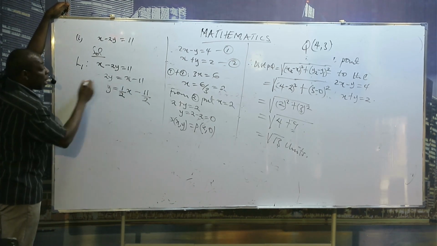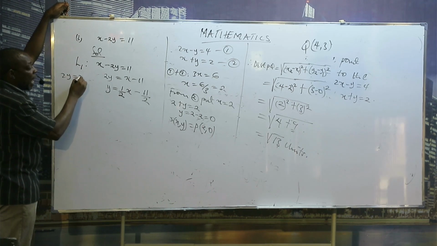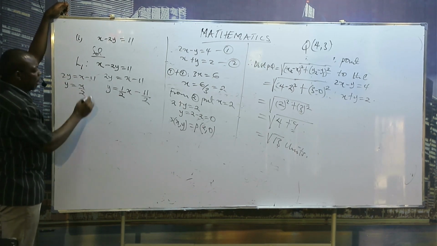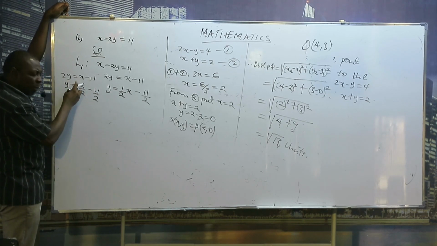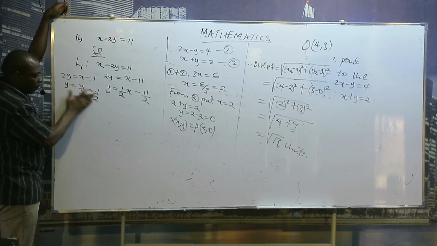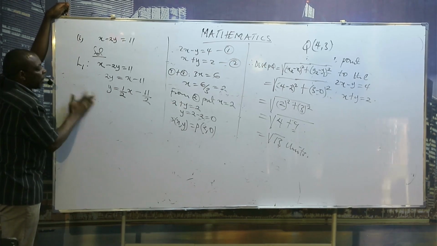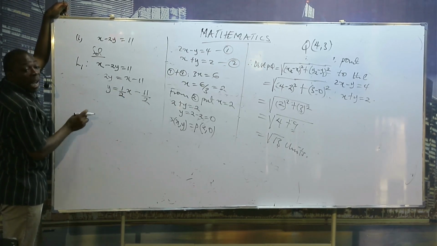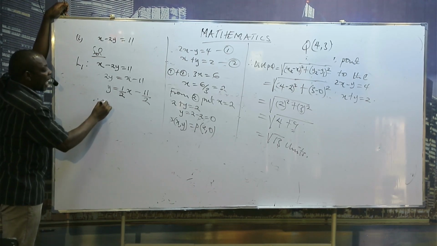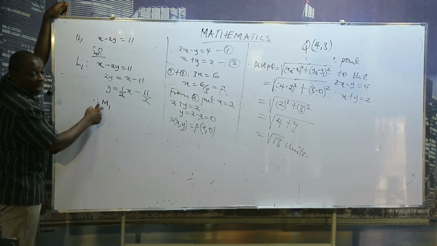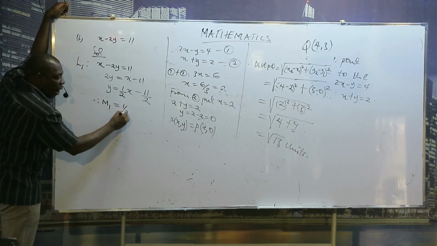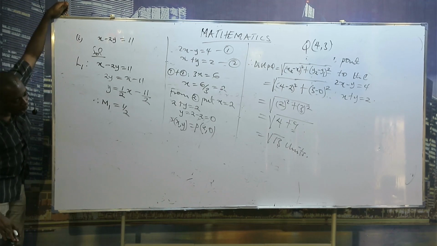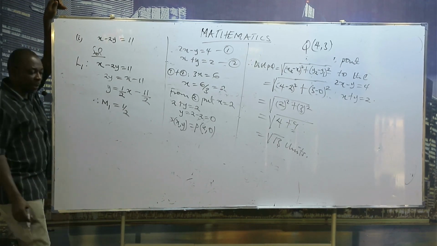I know for you, you just want 2y equals x, then y will be x over 2. No problems. But we have something here. Now, with this, what is the coefficient of x here? So my gradient is the coefficient of x. Copy.